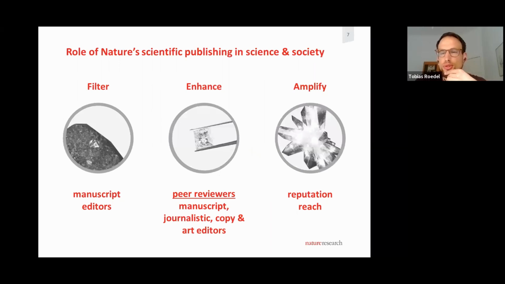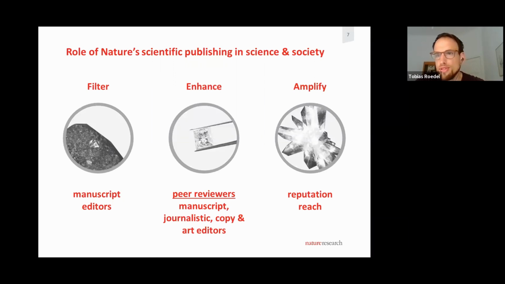And then our role at Nature, just very conceptually. My main job is to filter the results in academic research. And then we want to enhance the results that you submit to us to make them better. The main part of how this is done is through peer review. Peer reviewers do a great job in making these papers better by being constructive critics.